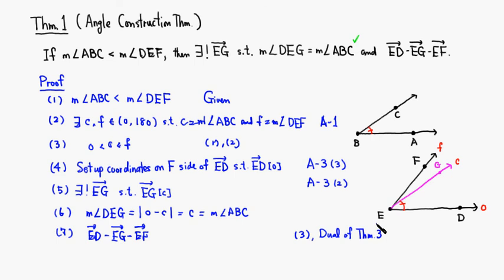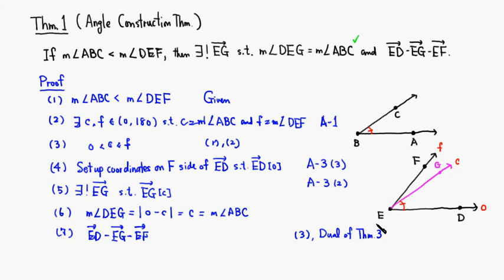Remember that theorem 3 for distance says that if we have betweenness of 3 points, then their corresponding coordinates have the similar betweenness condition. The dual of theorem 3 is the same thing, analogous for rays.